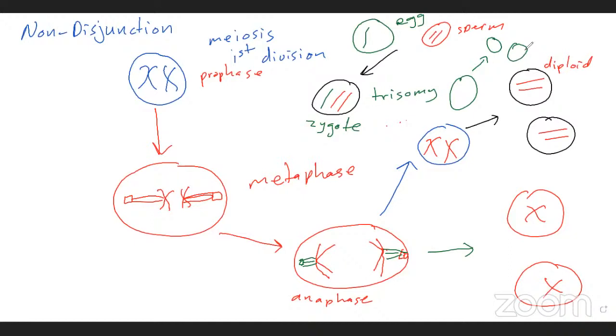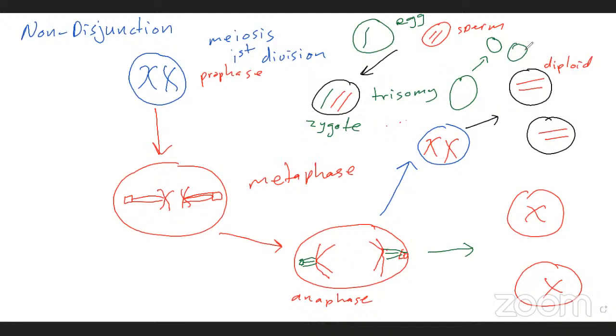All right. So non-disjunction means that the chromosomes did not separate. Because of that, one cell will have more chromosomes than it should, and the other cell will have fewer chromosomes than it should.